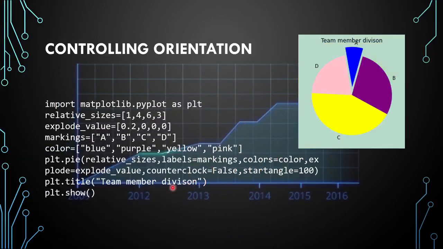Now I will tell you about controlling the orientation of our pie graph. There are more arguments. I told you that it was counterclockwise. So to make it clockwise, you can put counterclock equals false. So it's starting A, B, C, D. Now see, it is clockwise, and start angle is 100 degrees.